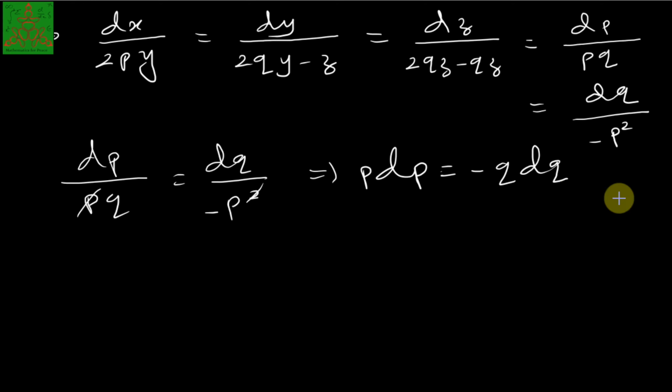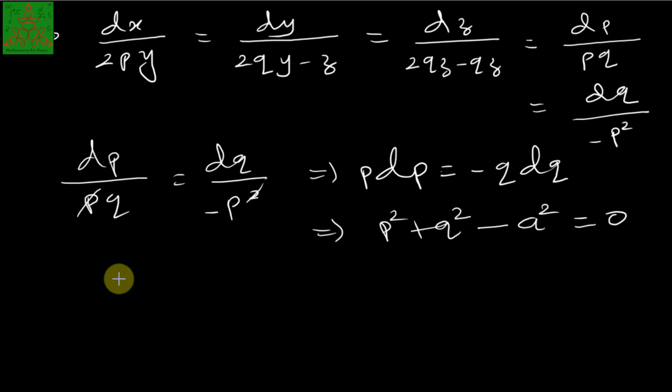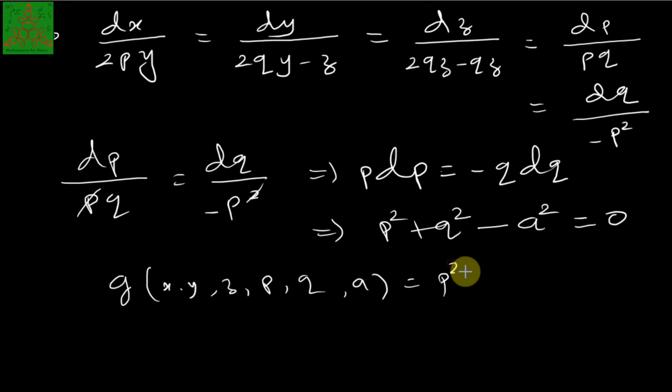If you integrate both sides, this gives p² + q² − a² = 0, and this is my function g. So here g(x, y, z, p, q, a) = p² + q² − a² = 0.